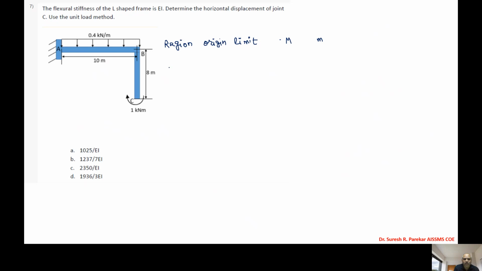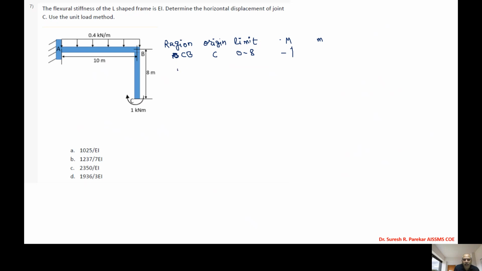Now due to this we will have the region CB, origin C, limit 0 to 8, bending moment we have -1 because it is clockwise. So I am now writing only M.